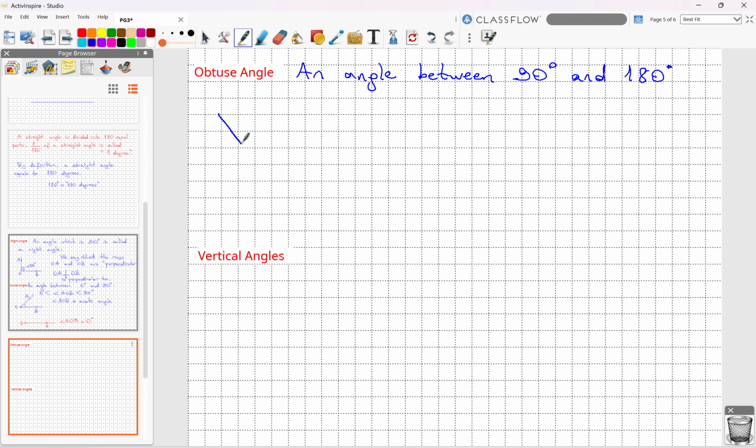Now I'm drawing an angle that's greater than 90, but you see this angle is less than 180 degrees, which was a straight angle. So angle AOB here is an angle between 90 degrees and 180 degrees. So angle AOB is called an obtuse angle.